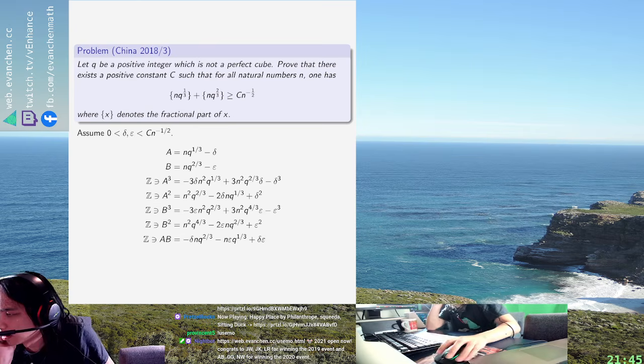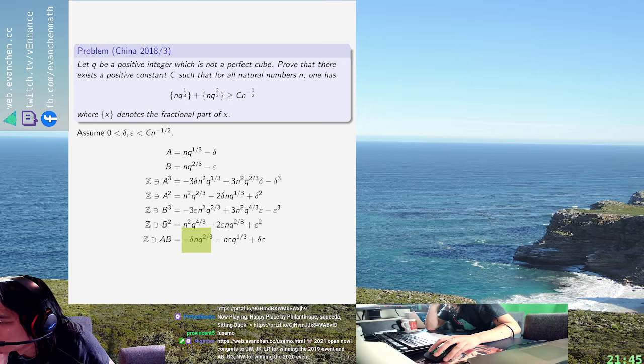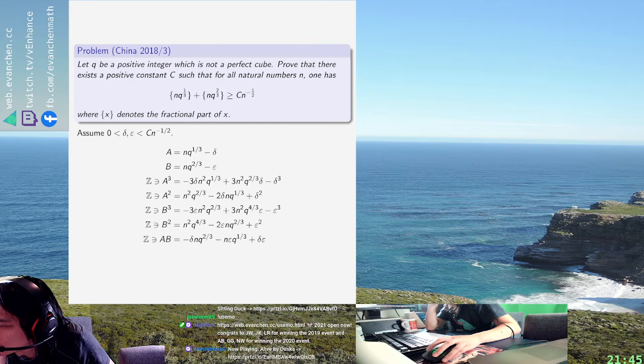I don't care about that. So, delta n q to the 2/3. What thing looks most like that? There's a delta n q to the 1/3 here, and delta n squared q to the 2/3 here. Neither of these are really it.